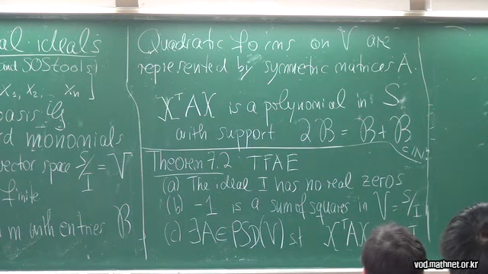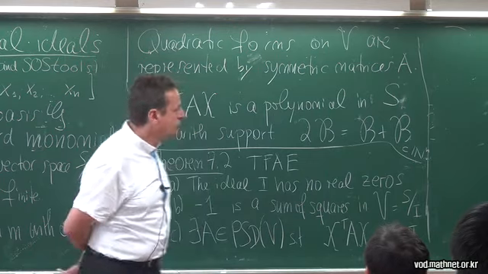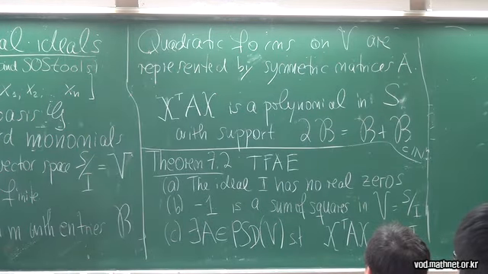So it turns out to be the n equals 1 case. For n equals 1, if you have a polynomial in one variable that has no real roots at all, then you can subtract a little bit, like epsilon, and be a sum of squares.